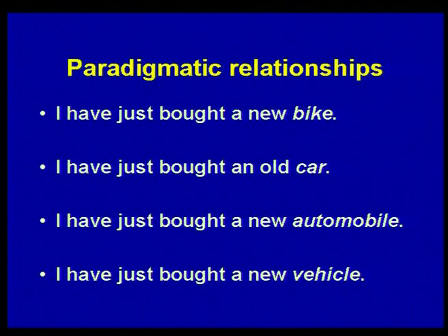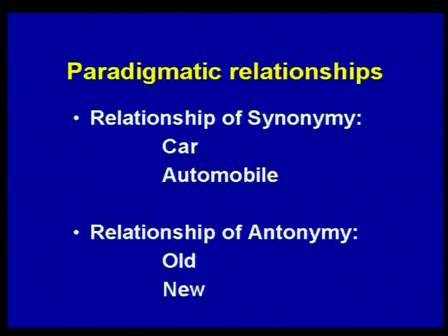Or I have just bought a new vehicle. Now, in these sentences, the words car and automobile are related to one another in a relationship of synonymy. They are almost synonymous with one another, but synonymy, again, let me warn you, is an extremely complicated concept. They are related and yet not related.